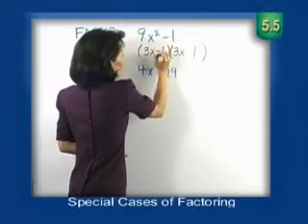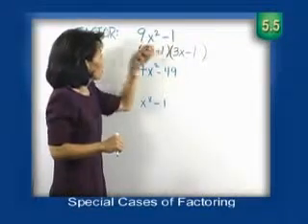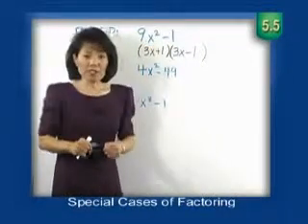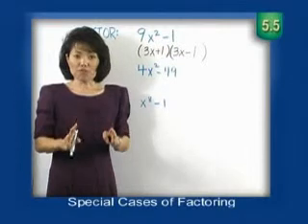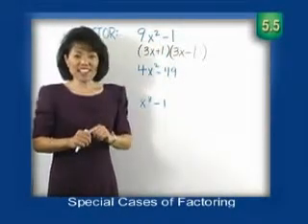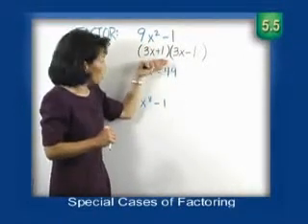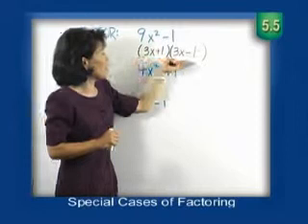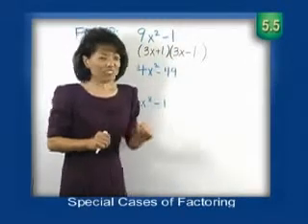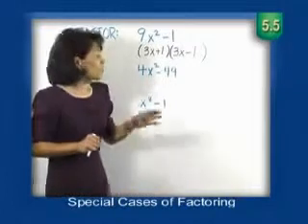And the signs are always opposite. Plus 1, minus 1. So when you see 9x squared minus 1, first of all, count the number of terms, 2. Check to make sure there's a negative sign. Check to make sure that both those are perfect squares, and it factors into this pattern, 3x plus 1 and 3x minus 1. You'll find that the more you work at this, the more fun you're going to have.